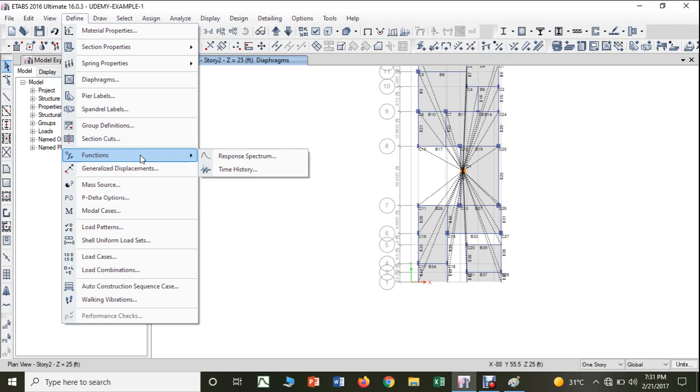Now, static means it will act on a particular point and it remains the same over a period of time. For example, I have a building and I apply a 10 kilonewton load on that building or member. At zero time the load acting on that member is 10 kilonewton.